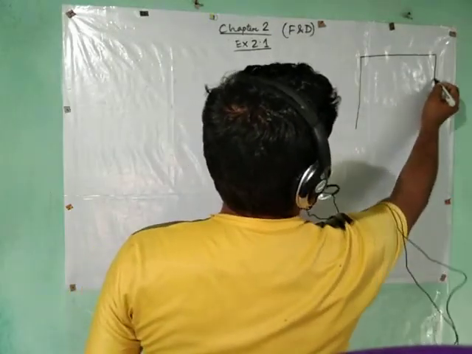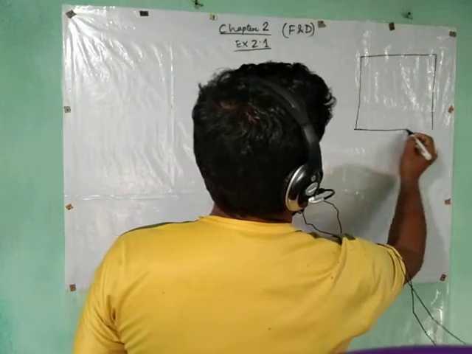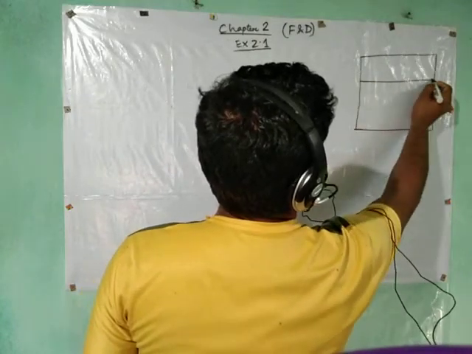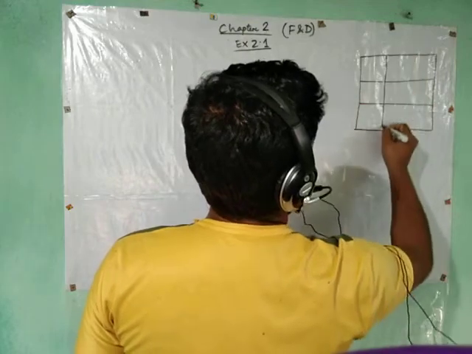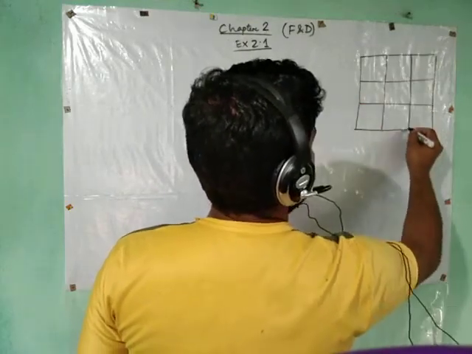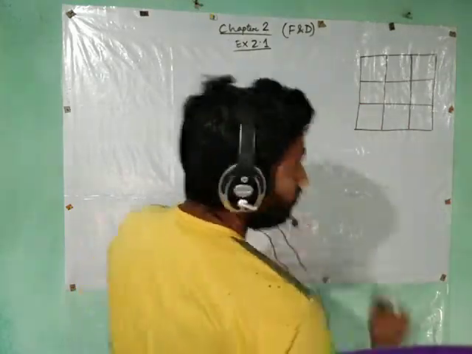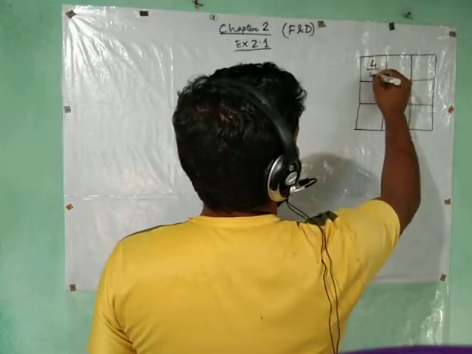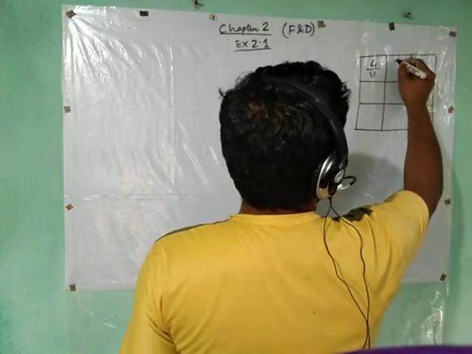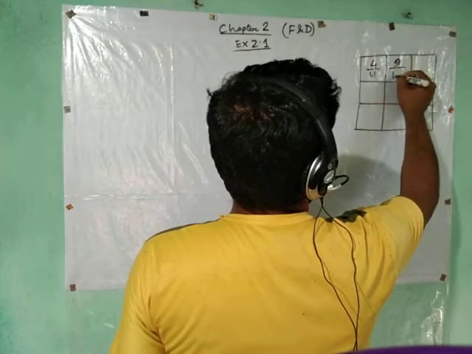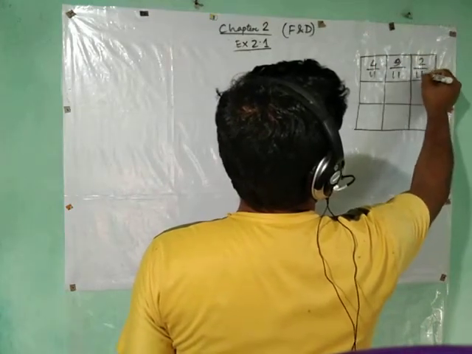Now our magic square, I am going to draw it first. This one was our magic square, somehow like this, isn't it? Am I drawing correctly? This one, 4 by 11, 9 by 11, 2 by 11.